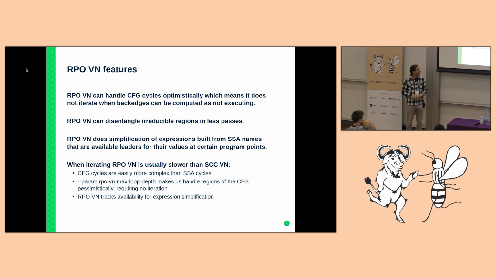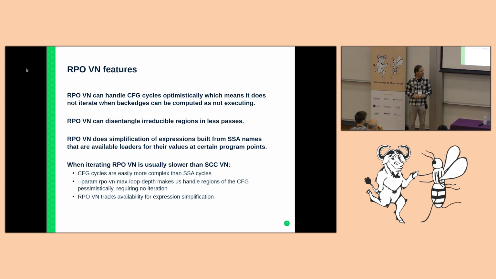But it also makes it possible, in the non-iterating mode, to do the elimination in the same walk of the IL as I do the value numbering itself, like DOM, which basically looks at each statement, sees if it's available, and then optimizes the statement. The non-iterating mode does the same. It looks at each statement exactly once.